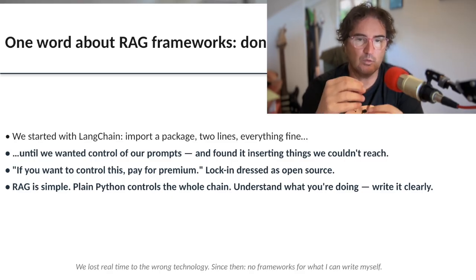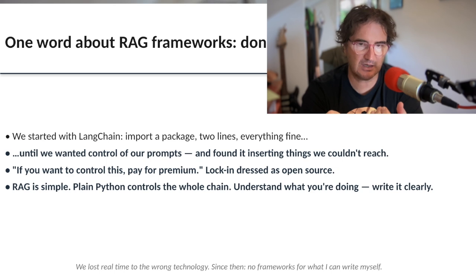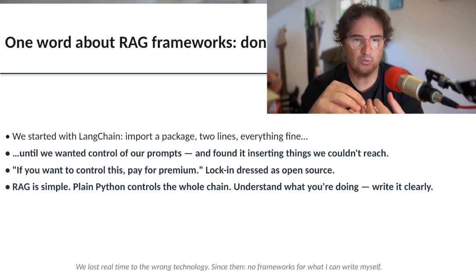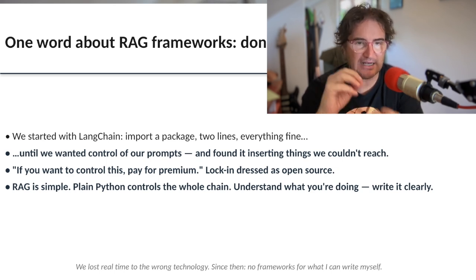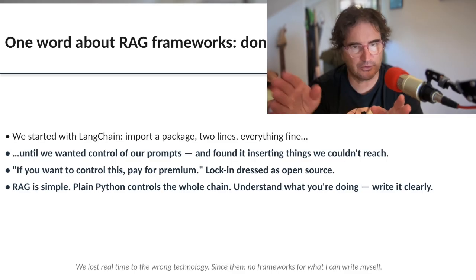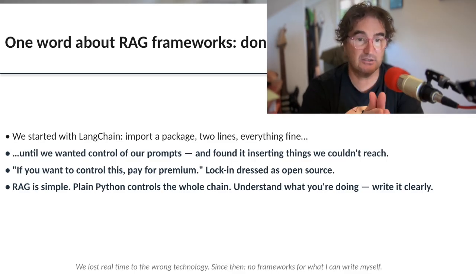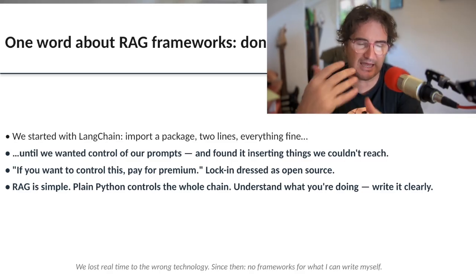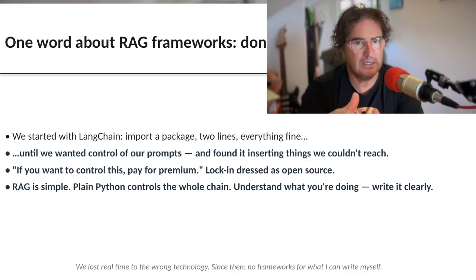But then we wanted some control over our prompts and what was going on, and we found out that LangChain was inserting things in our prompts, and it was really difficult for us to access the internal parts of the whole retrieval chain. And then LangChain told us, if you want to control this, you have to pay for the premium version. I don't know if it's LangSmith or not.